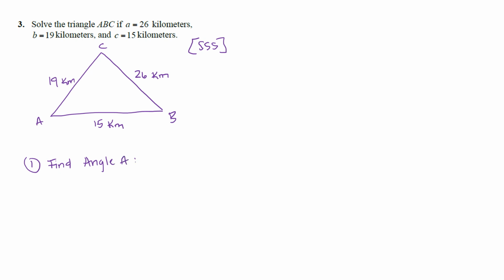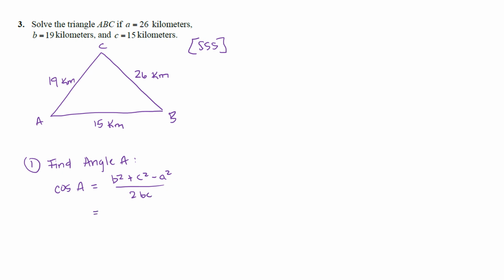So using the rearranged form of the law of cosines, we'll get cosine A equals B squared plus C squared minus A squared divided by 2BC.